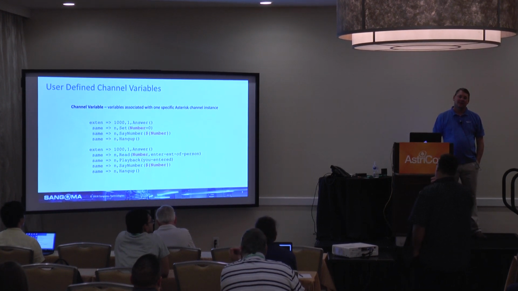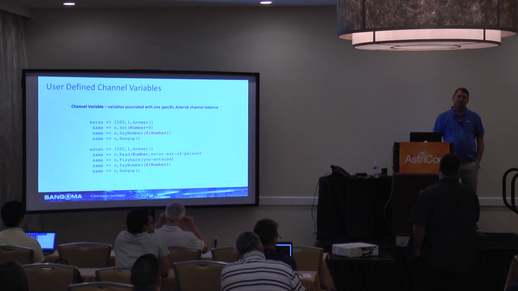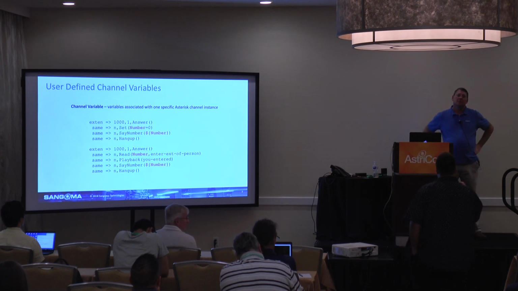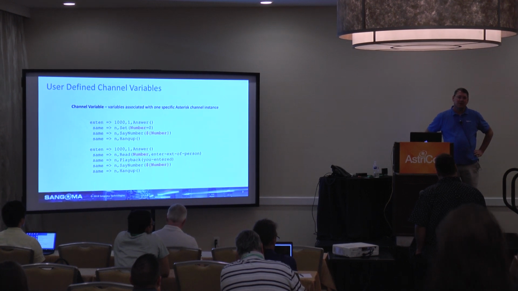But I'm talking about if I want one of the other events that's getting triggered, like the hang-up or a bridge. You can do a get variable using the AMI, but you have to know that you want to get it. So you could respond to the hang-up event.